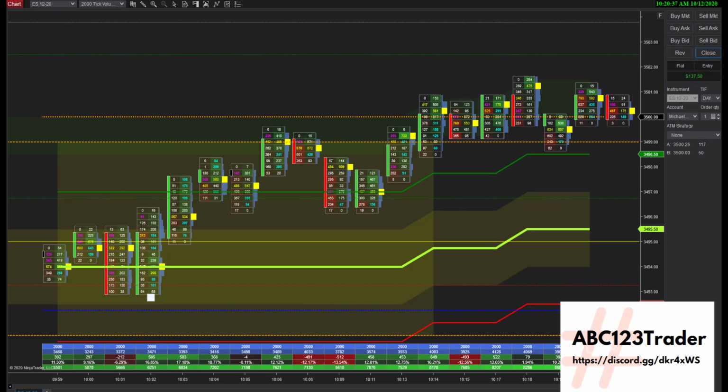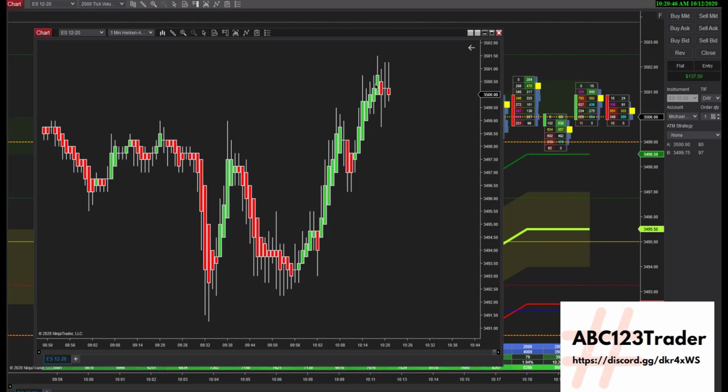Let's see if I can get this thing working here. We're wicking off here. Is this Heikin-Ashi good? Okay, this is Heikin-Ashi. We're at the 3,500 level, and it still hasn't broken yet. We had our first initial burst.